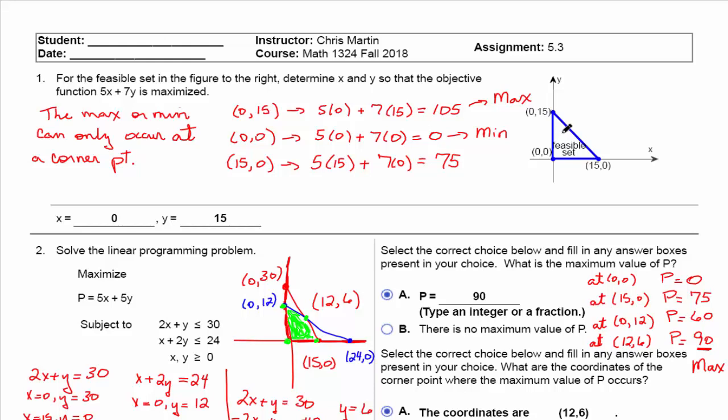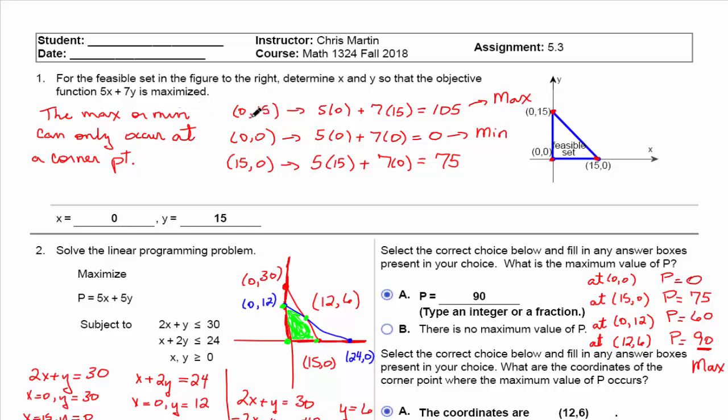If we have something that we like to maximize, then the maximum or minimum is going to occur at one of the corner points. So in this case, we have 5x plus 7y. We'd like to maximize it. The question could also ask us to minimize it.